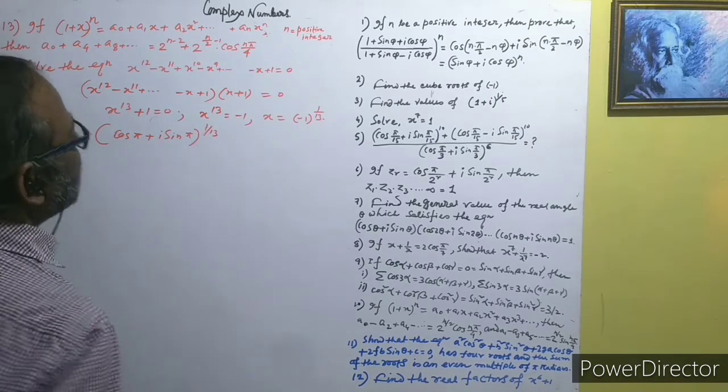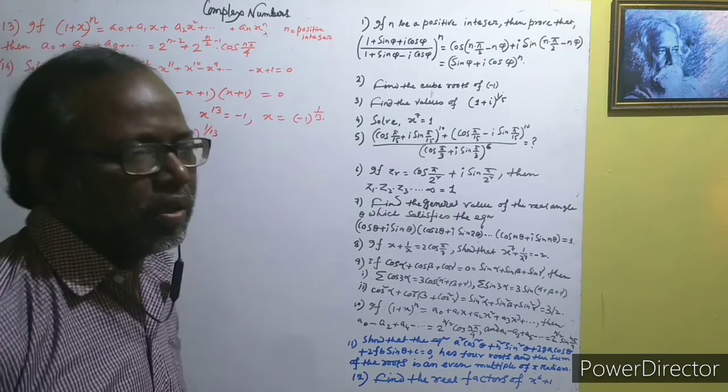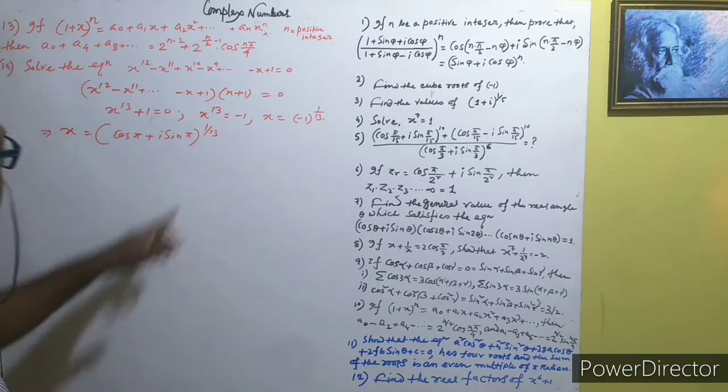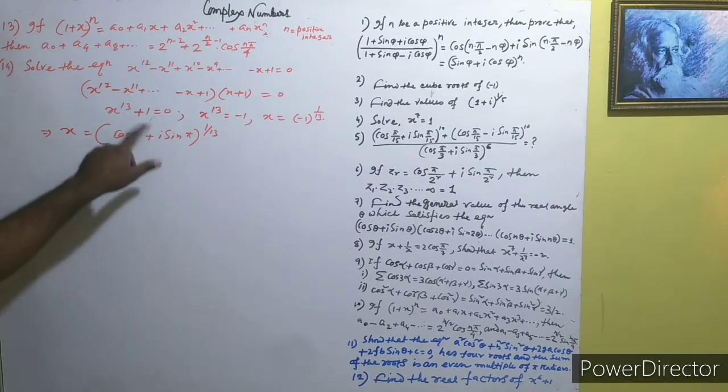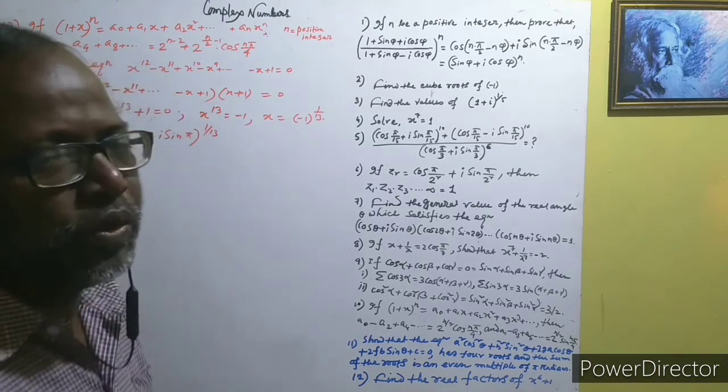As we get 13 solutions, if we get more than one solution to an equation, when we get a fraction, in place of this angle we add a part, that is 2k pi.